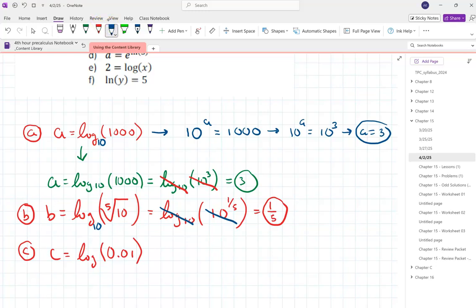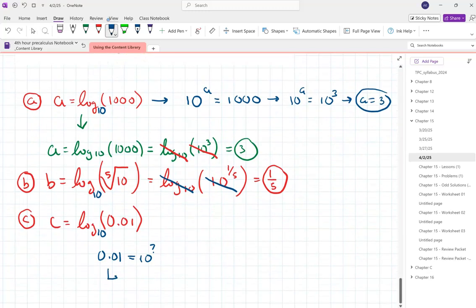So I have log of 0.01. Again, what base is the base for log? 10. So now I need to rewrite 0.01 as some power of 10, right? That should be easy, right?